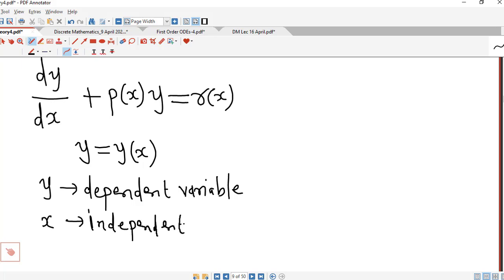So this is a linear differential equation in which y is the dependent variable.